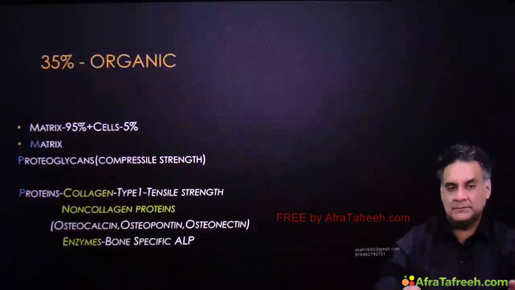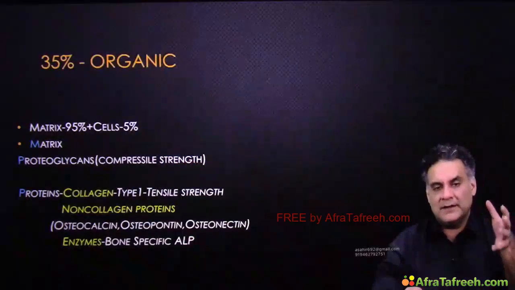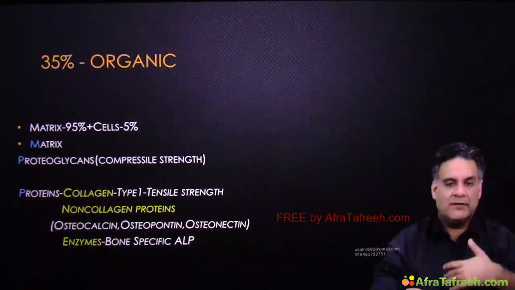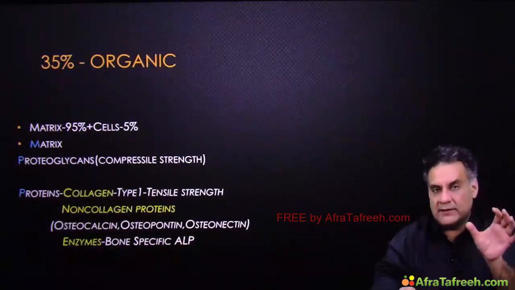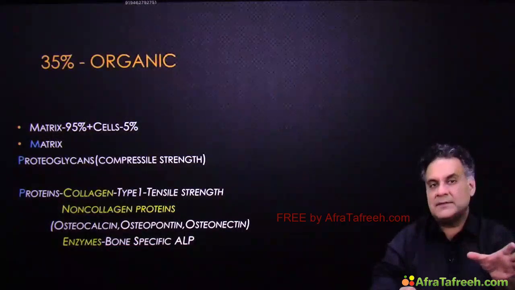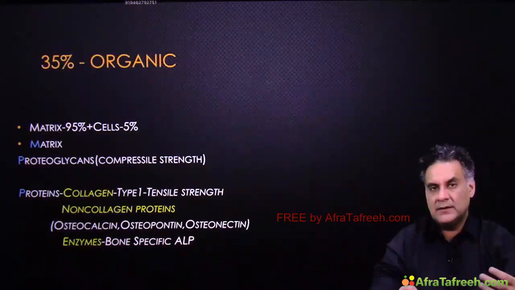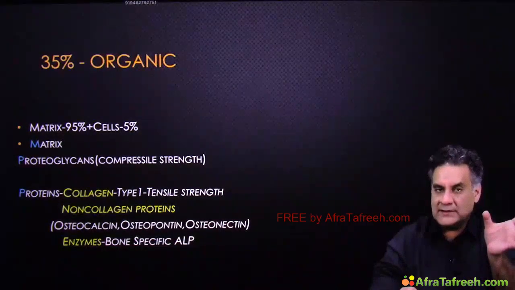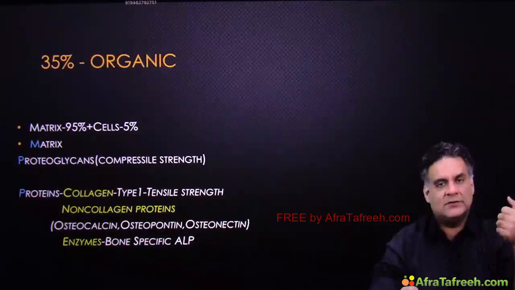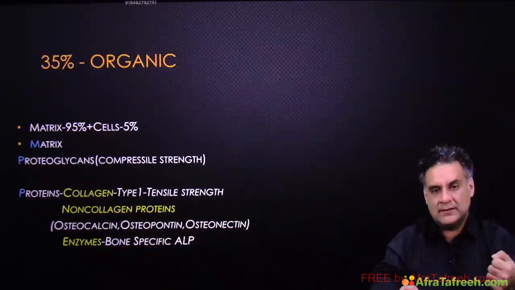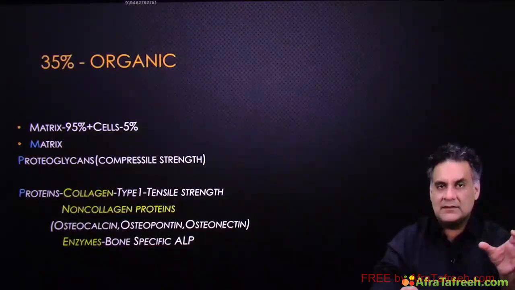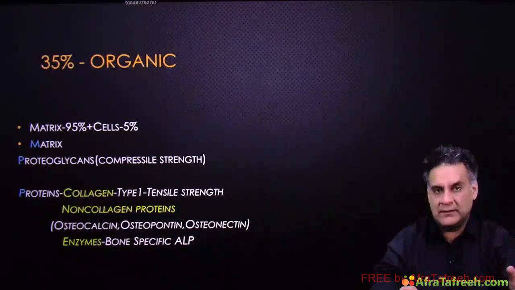Bone has type 1. So when you look at the matrix, you have proteoglycans, which will give you the compressive strength in the organic component, and then you have collagen type 1 that gives you the tensile strength. Tensile strength is by collagen type 1.